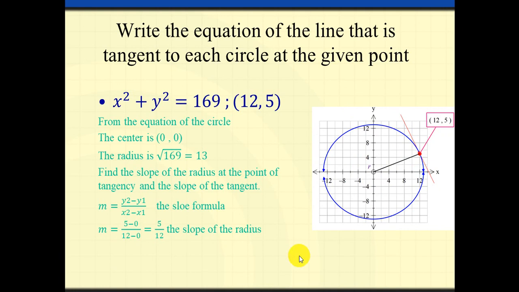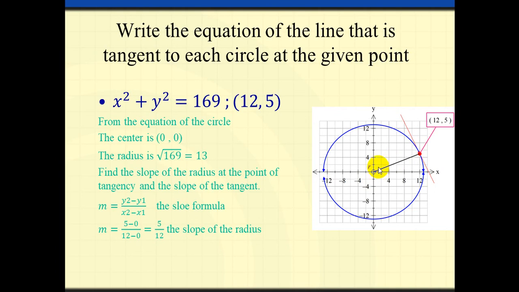First we find the slope of the radius at the end point of tangency and the slope of the tangent. By using the slope formula, m equals (y2 − y1) over (x2 − x1). The line of the radius passes through 2 points.